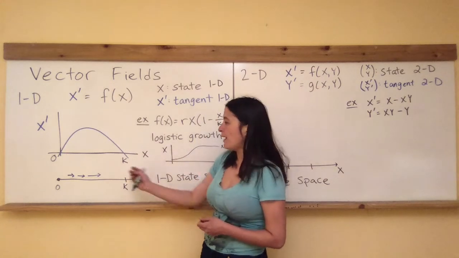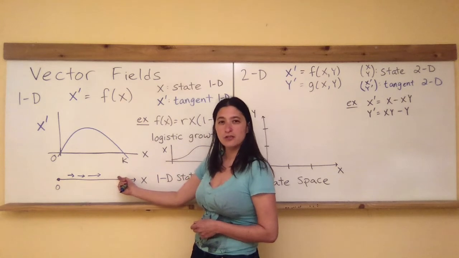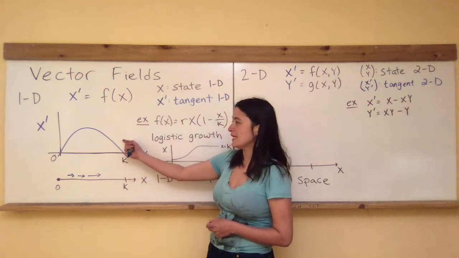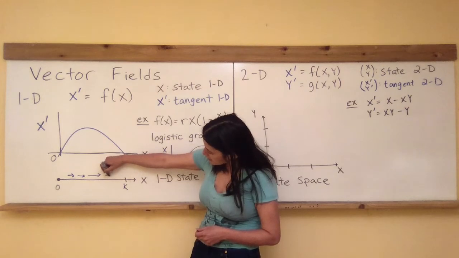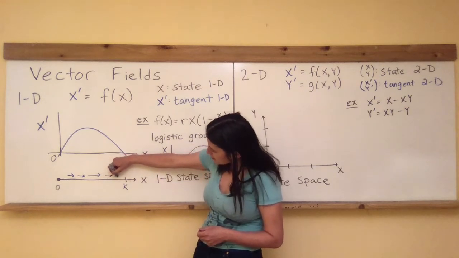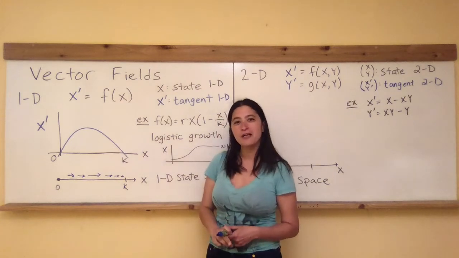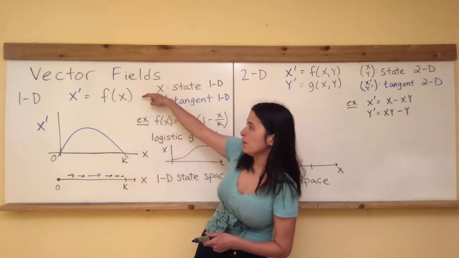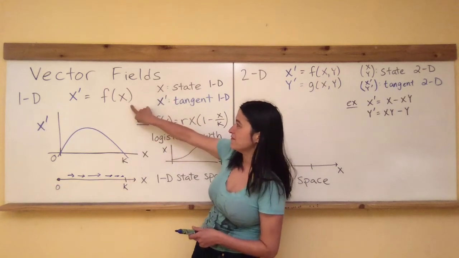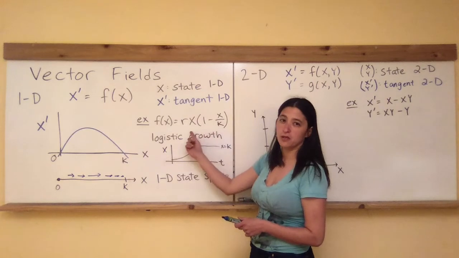Then once I go past that point and I'm starting to approach the carrying capacity, you see the output from f of x is getting lower and lower. And so likewise, when I draw my tangent vectors, they're going to get smaller and smaller and even smaller, because when I'm at the carrying capacity k, if I plug k into f of x here, you can see it's actually a root in this quadratic equation.